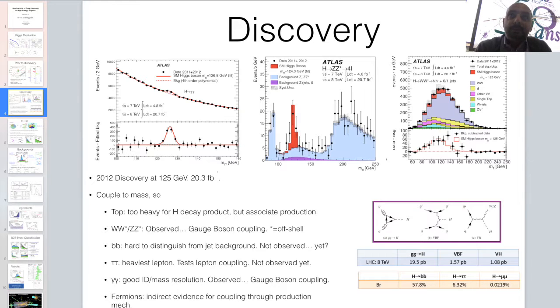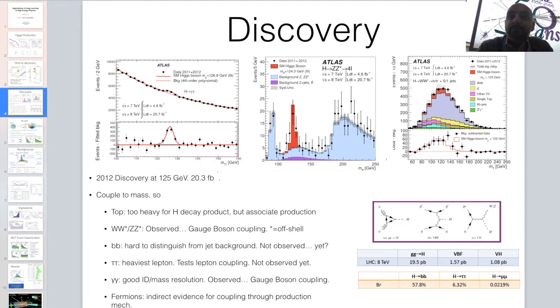So that's what's mostly made at the LHC. And because it's difficult to distinguish B quark jets from the light quark jets, the Higgs to BB becomes very difficult to see, actually. Even though the branching ratio is really high, you can't see it experimentally.